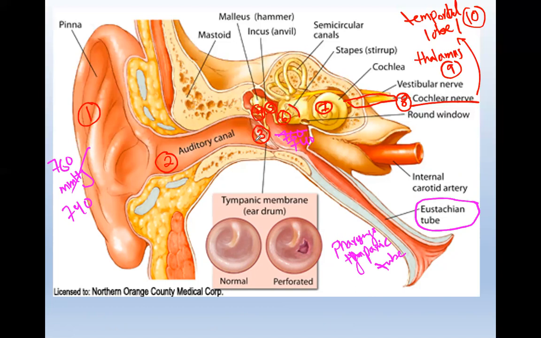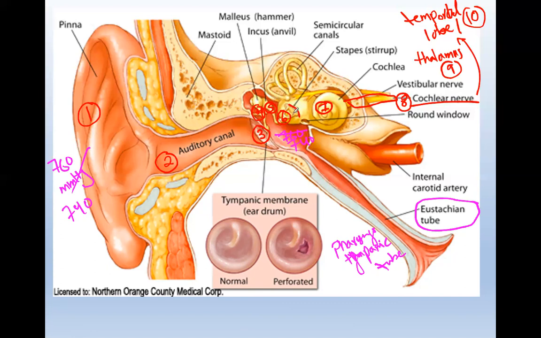The other thing that I want to talk to you guys about, and it's not written on the PowerPoint, but I do want you guys to know, is the eustachian tube in children is not as steep, so it has less of an angle, which makes it easier for an infection in the throat to find a way up to the middle ear.